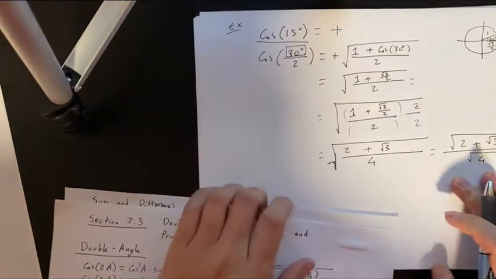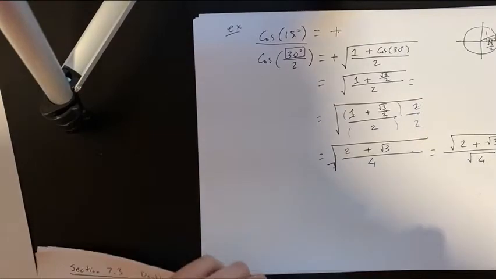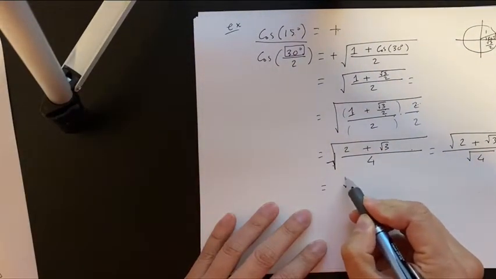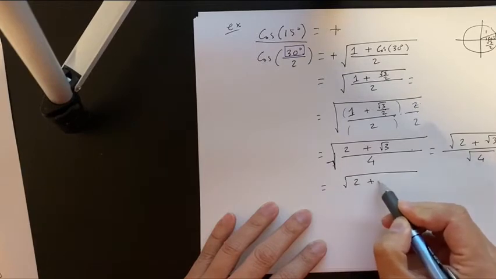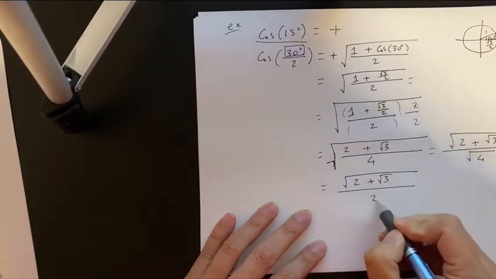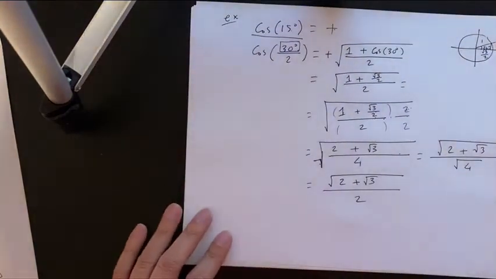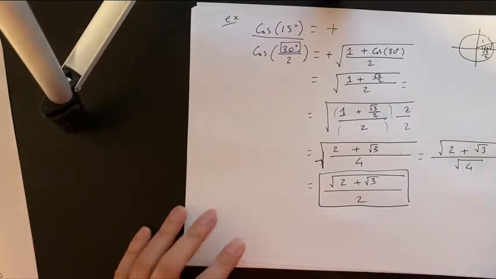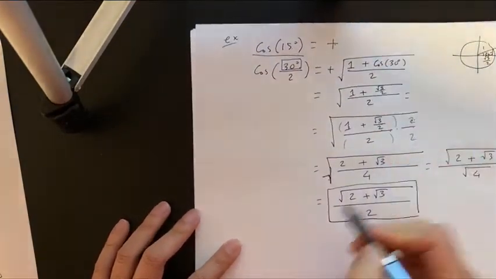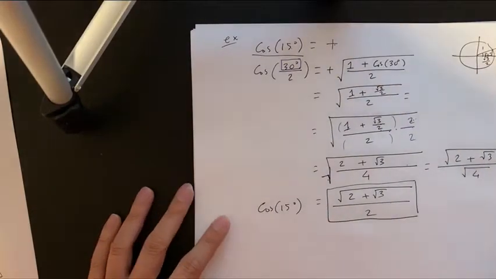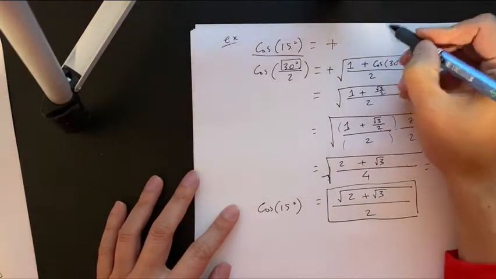And it's going to be equal to square root of 2 plus root 3 over 2. So this is my answer for cosine of 15 degree. Okay, that is if you decide to use the half angle formula.